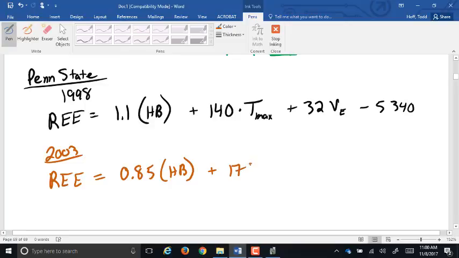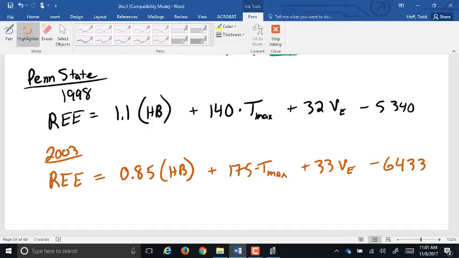Plus 175 times your max temperature. That's still a positive effect. Plus 33 times your volume of exhalations minus 6,433. So you can see here what they did in 2003.